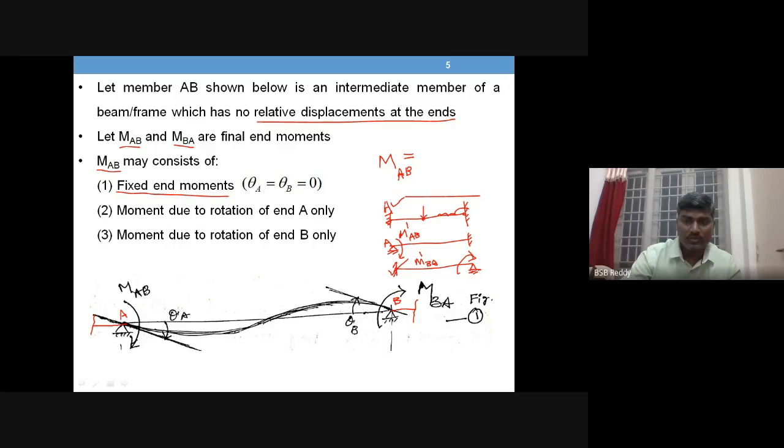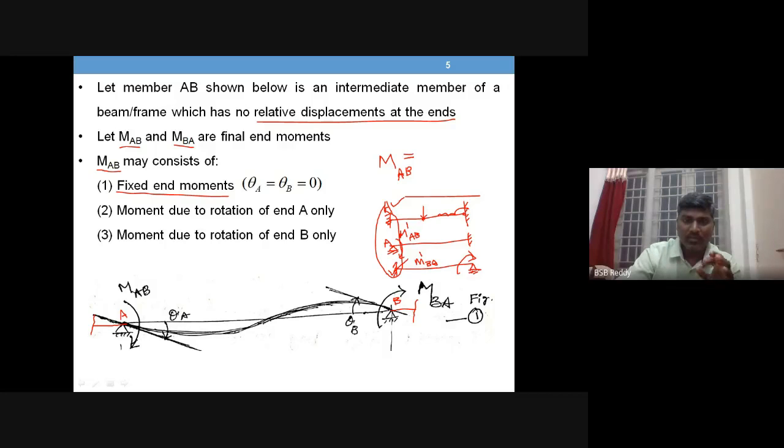So this is the reason for moment at A. How is moment developed at A? Loads will cause moment at A. Also, the rotation of that particular end will cause some moment. Means if there is rotation, there should be a moment. Even if the far end is rotated, this A will get some moment from the far end rotation.